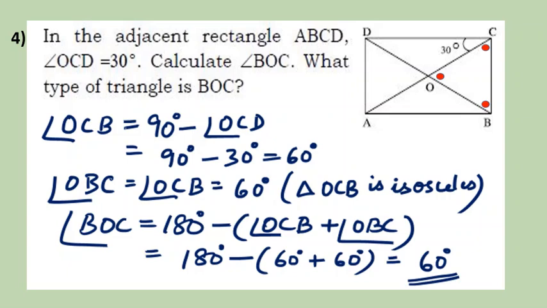Both will be equilateral triangles. But remember that triangles DOC and AOB are not equilateral, because one is a 30 degree angle. The angles will be 30, 30 and 120. It is just isosceles.